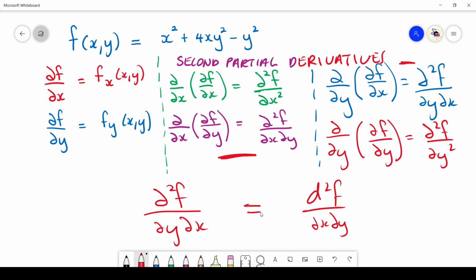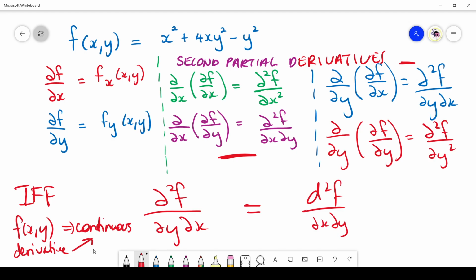They usually work out to be equal if and only if your function f in terms of x and y happens to be continuous. So a bit of lower sixth knowledge there. And also if all of their partial derivatives are also continuous. So if the function and the derivatives are continuous, then these are set to produce the same value.